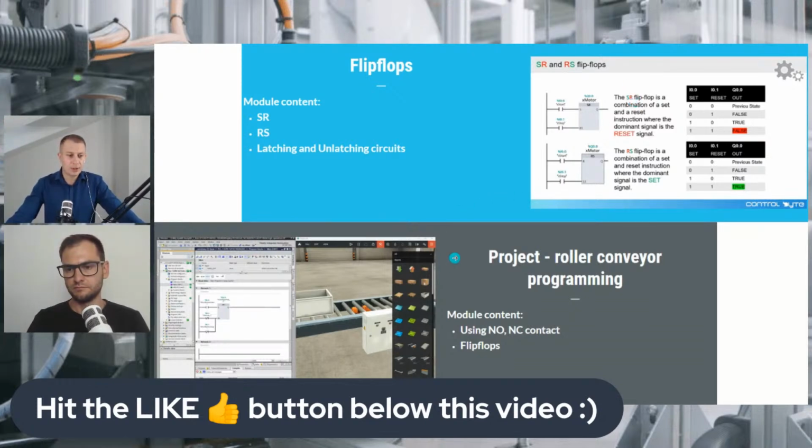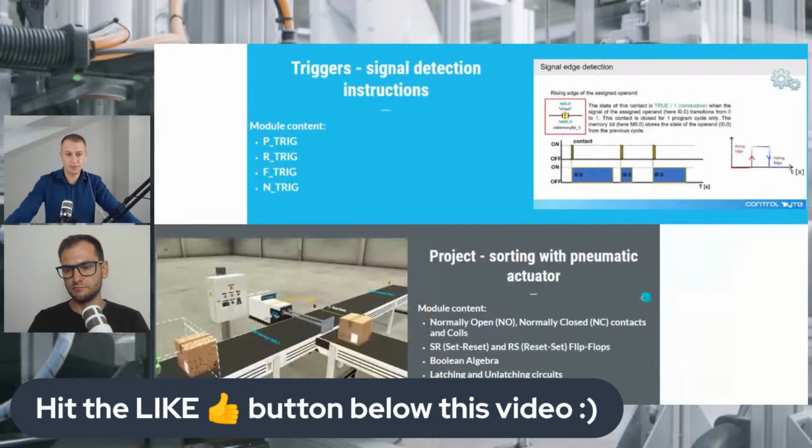Next, we'll go to practical projects, for example, roller conveyor programming. You will use knowledge about contacts, Boolean algebra, and flip-flops to create a simple conveyor project. What's more, you will learn about signal detection instructions.